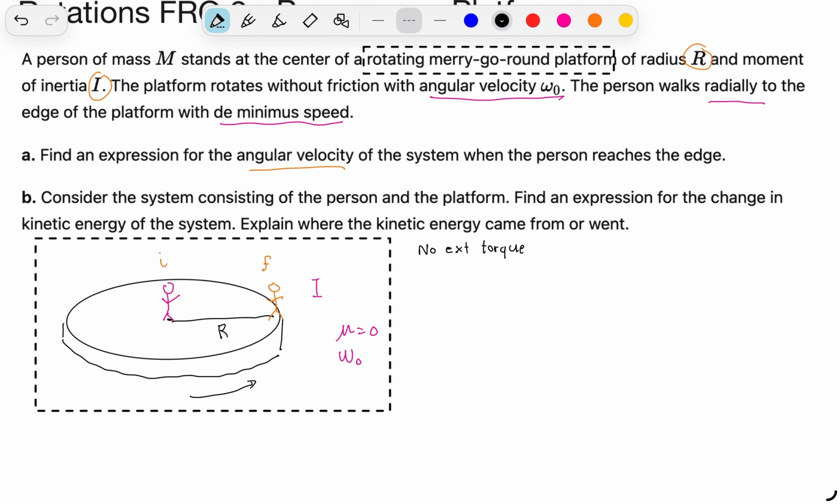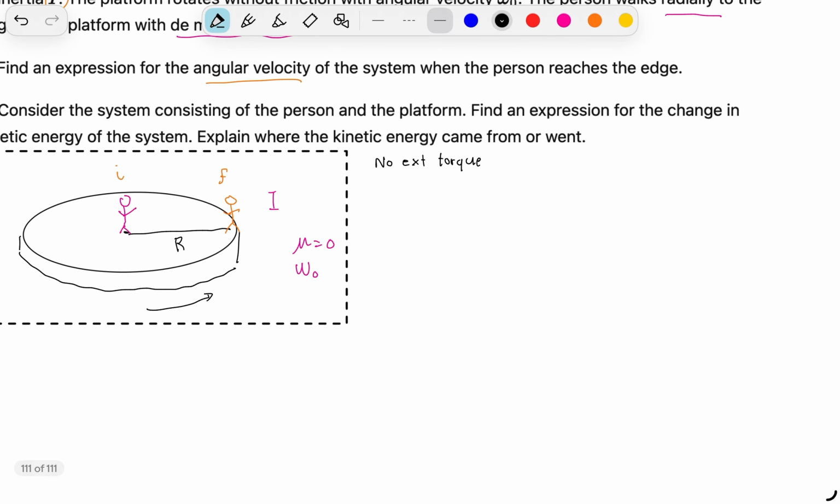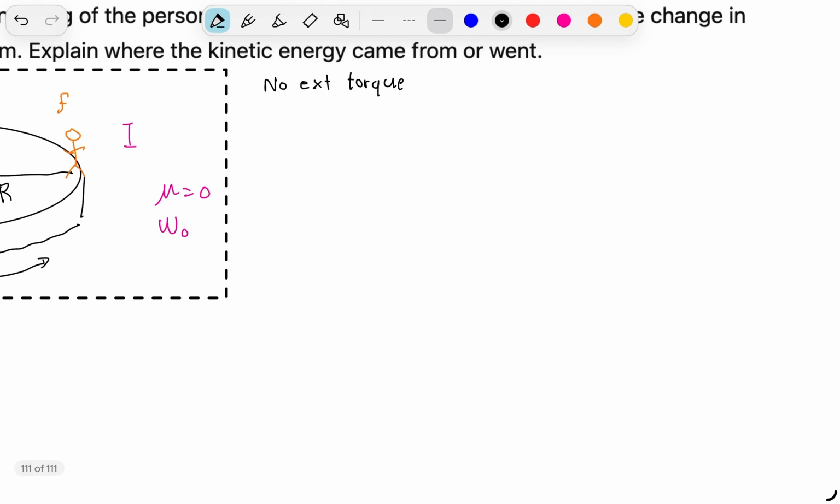So the torques occurring at different points of this merry-go-round are not going to exert external torque. So if there's no external torque, our angular momentum is going to be constant. So it's conserved.